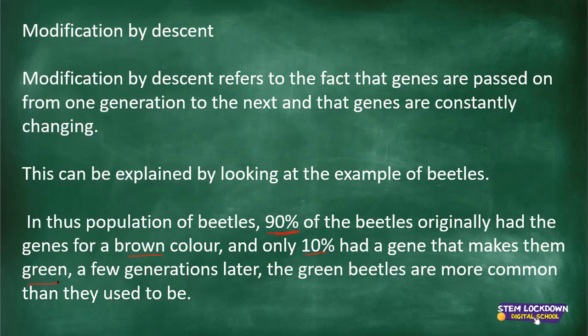And then a few generations later, the green beetles are more common than they used to be. Why? Because as the genes were passed down from generation to generation, they constantly changed. And that is why what was only 10% is now the common color that you find in beetles.